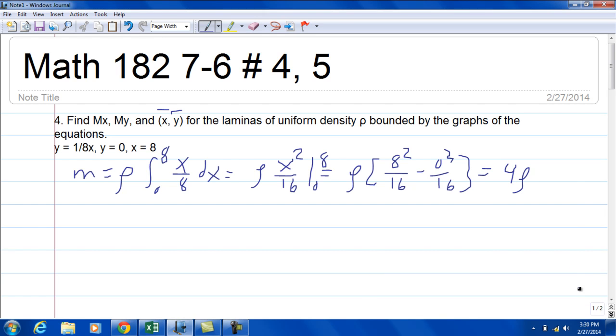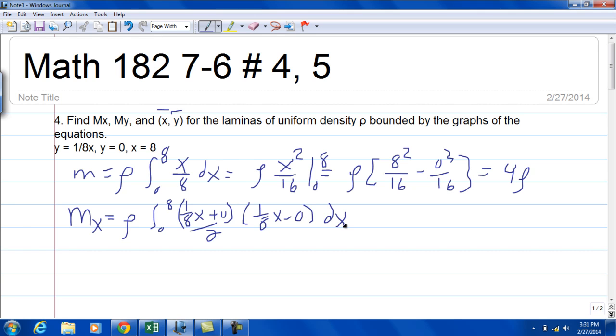Okay, I looked it up. That's a rho, not a lambda. Lowercase rho. Okay. Now our Mx is going to be rho integral from 0 to 8 of, now this is going to be 1/8 x plus 0 divided by 2 times 1/8 x minus 0 dx.